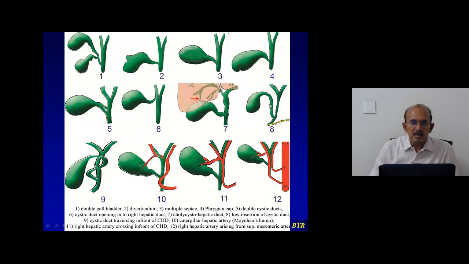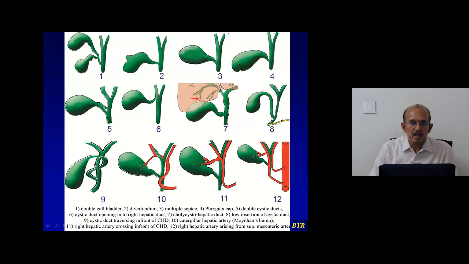Then the cystic duct may be very long. It goes and joins the common hepatic duct just behind the pancreas, before it joins the pancreatic duct. When such a long duct is there, you are likely to leave behind a part of it. This part will again act like a gallbladder later, and the patient may develop stones here also, post-operatively.